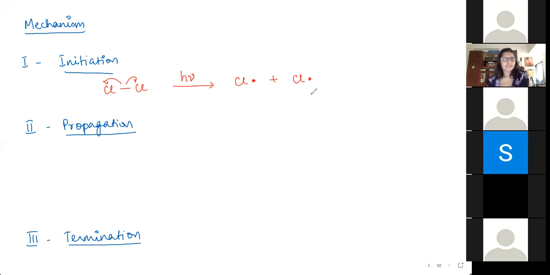So in the presence of light, the halogen molecule splits. Do you guys remember the name of this type of splitting? Homolytic fission. There you go, homolytic cleavage. So it's going to be homolytic fission and splits to form halogen free radicals.